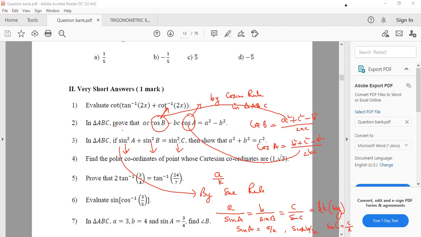Then just substitute and show LHS equals RHS. No problem?